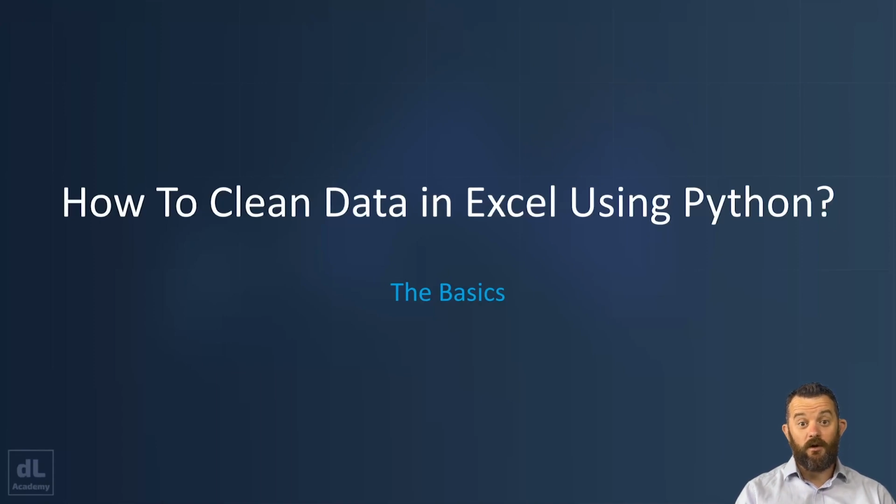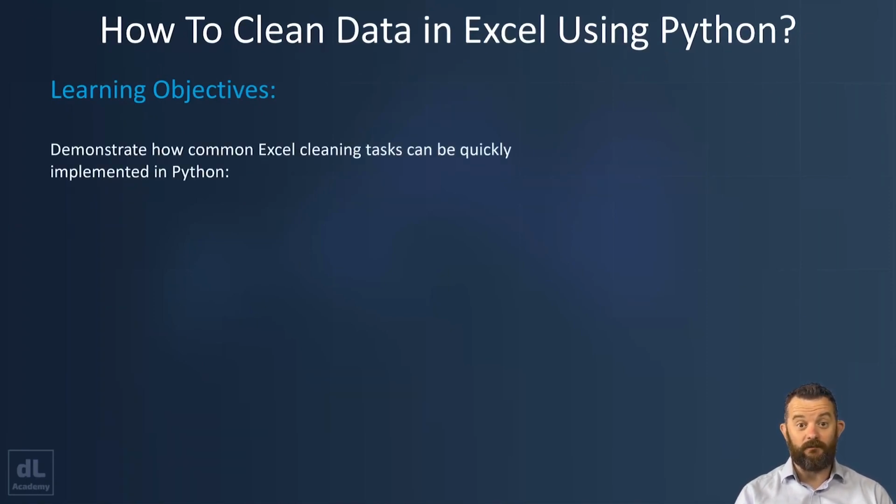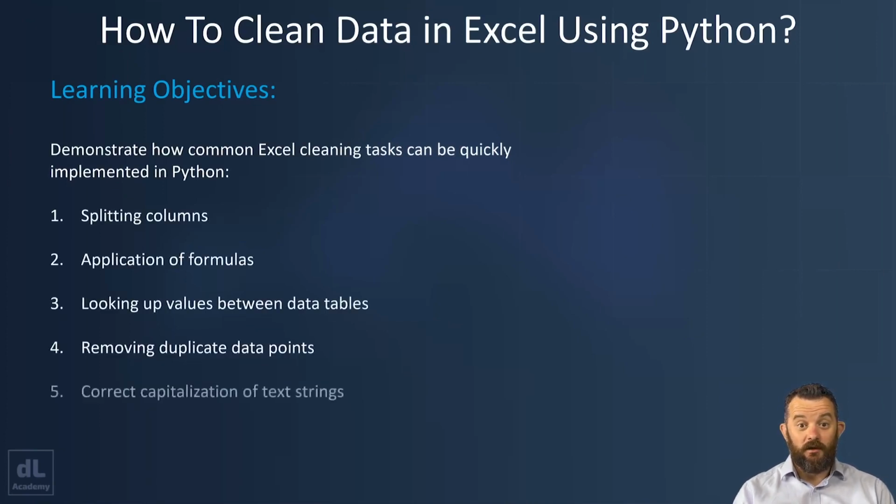In this video, we're going to continue looking at how to clean data in Excel with Python. Specifically, we're going to look at some very common functions that would be carried out in Excel and demonstrate how they could be completed in Python. For example, we're going to look at splitting columns into multiple columns based on a delimiter, so the text to column function.